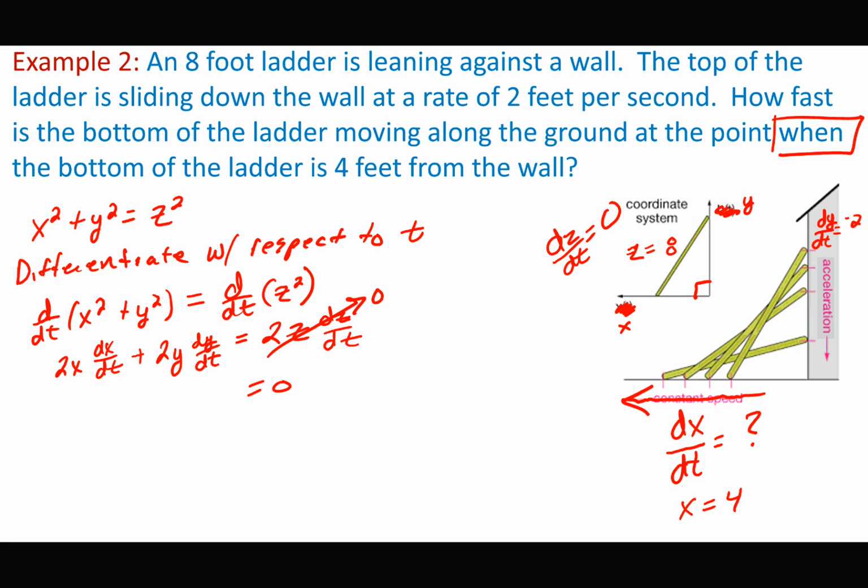Okay, all right. Now, after we've done the derivative, now we can start substituting in the "when" stuff. Okay, so 2 times x, my x is 4, dx/dt is what we're trying to find, plus 2 times y. Well, do we know what y is? If this is 4 and this is 8, can I figure out what y is? Yeah.